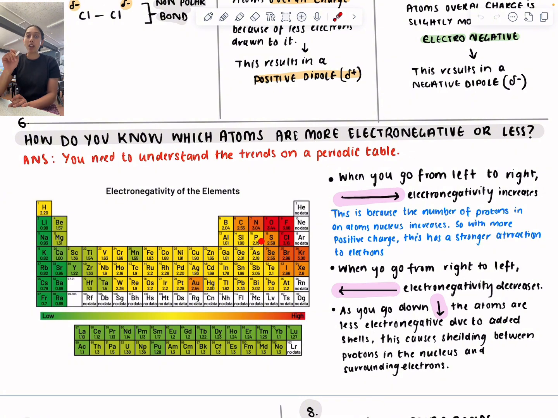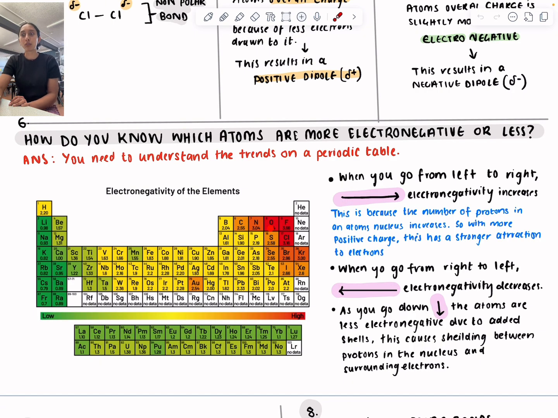The reason why, for those of you who want to know why, is because as you go from left to right, you can see that the atomic number is increasing, okay? And so it's increasing to the point that if you have more positive protons, which is reflected by that atomic number, if you have a higher atomic number, you have more protons essentially.